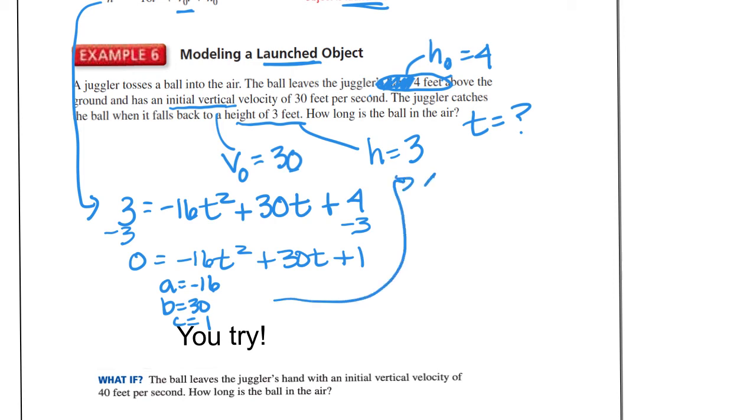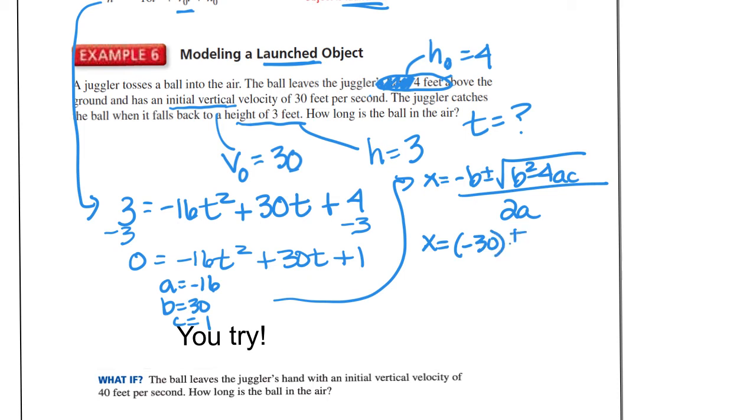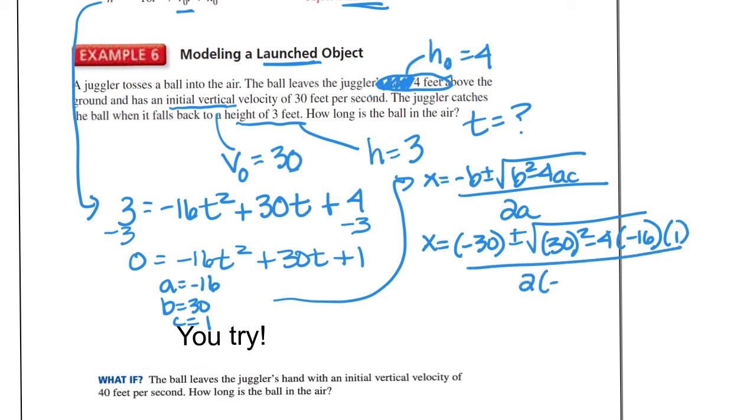And I can do the quadratic formula, which I'm going to write out. So x equals negative 30 plus or minus the square root of 30 squared minus 4 times negative 16 times 1 all over 2 times negative 16.